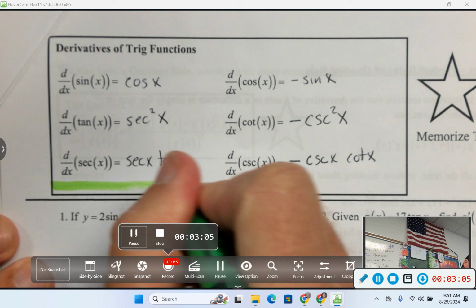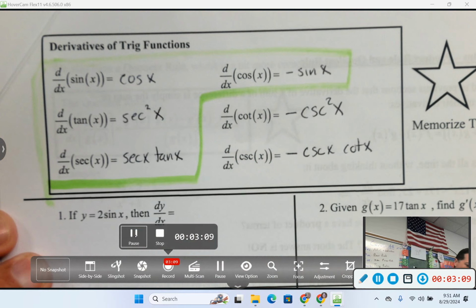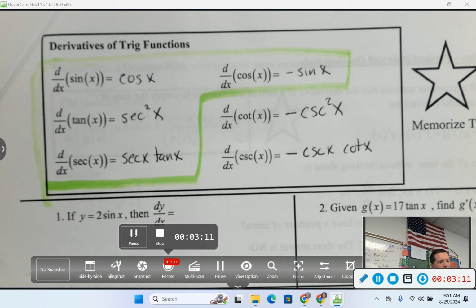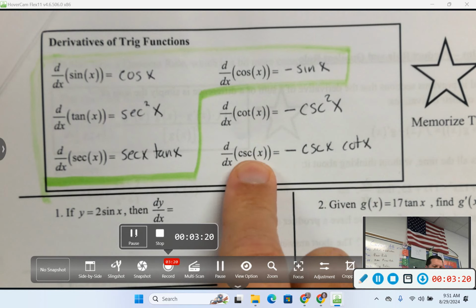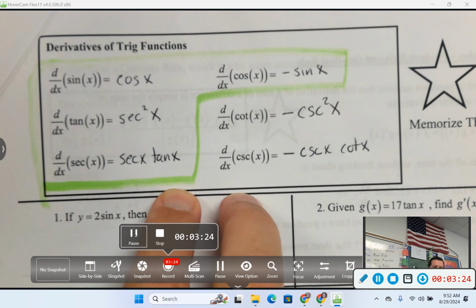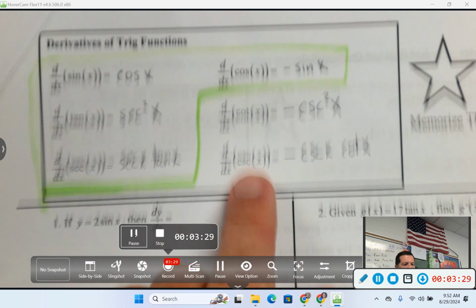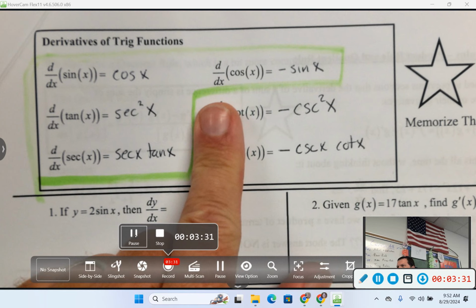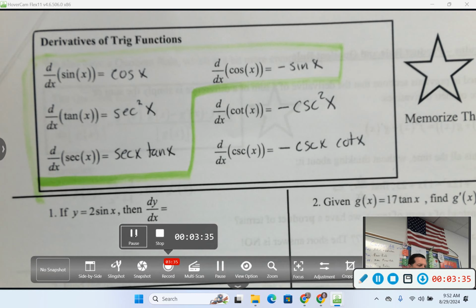So you got to know all 6, but most people focus on those main 4 because first they're more common, and secondly, if you can remember those 4, you can figure out the trick to get the ones that are a little bit weirder. You don't see those as often, but when you see them, as long as you know everything else, you can use the pattern to come up with them. So yes, you got to know all of them, but if you're going to flashcard or Quizlet or whatever, you might want to focus on those 4.